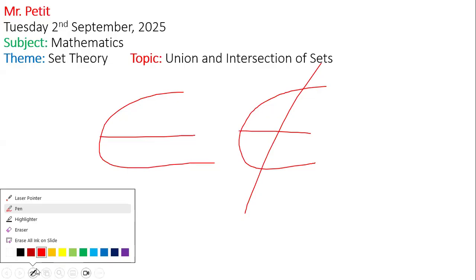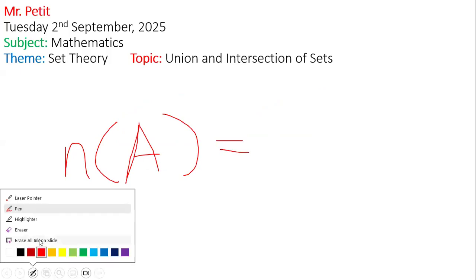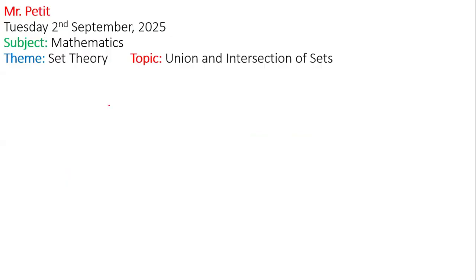And if you want to say how many elements are in a set, we write n, open bracket, A, close bracket. Very good. So my next question is, what do we call a set that doesn't have anything inside of it? An empty set, or what's another word for empty set? A null set.